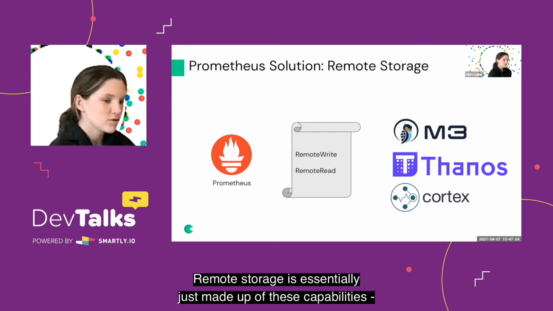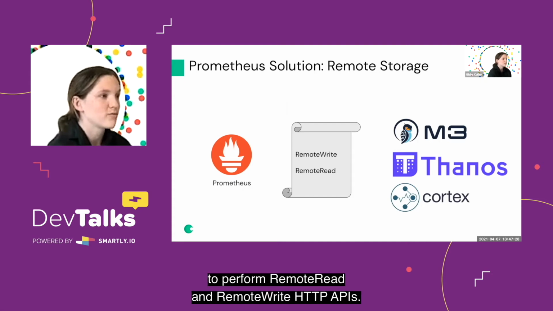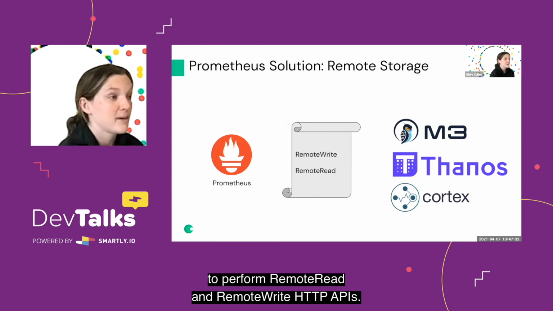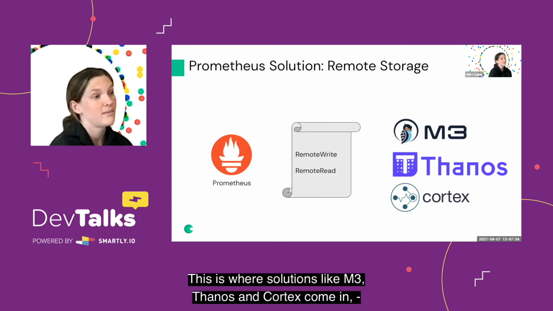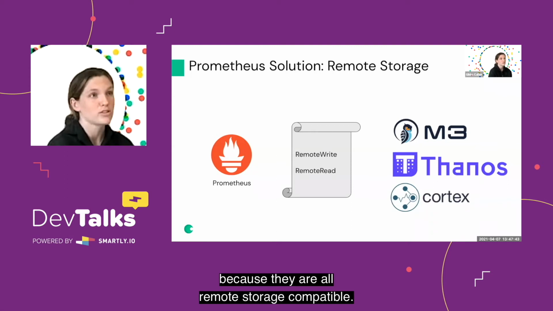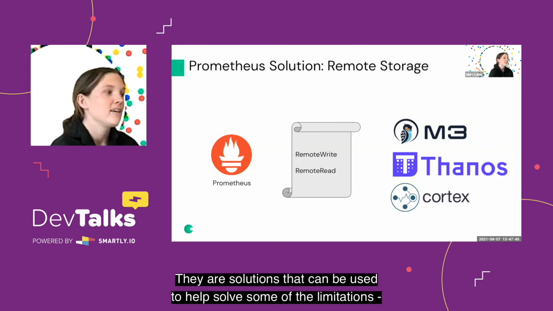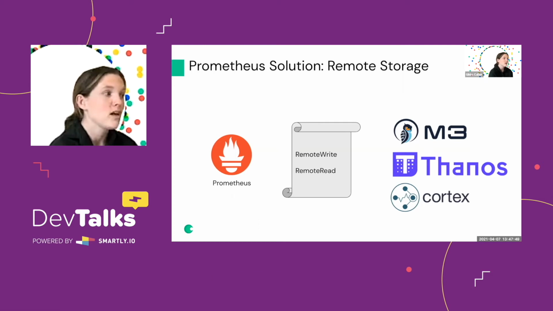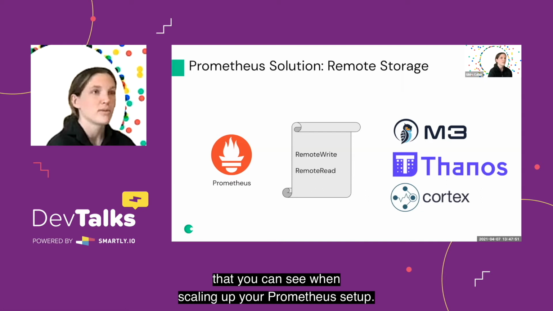Remote storage is essentially made up of capabilities to perform remote read and remote write HTTP APIs. And this is where solutions like M3, Thanos, and Cortex come in, because they are all remote storage compatible. So they are solutions that can be used to help resolve some of these limitations that you might see when really scaling up your Prometheus setup.